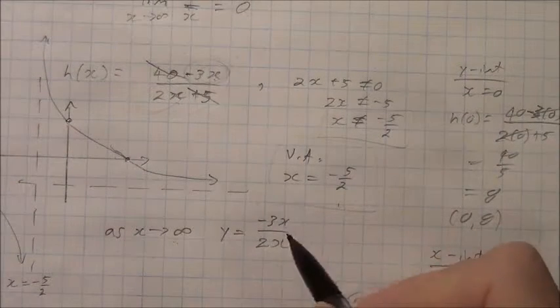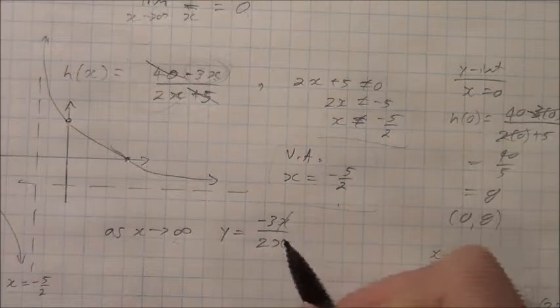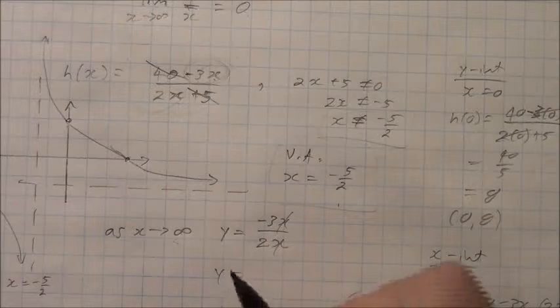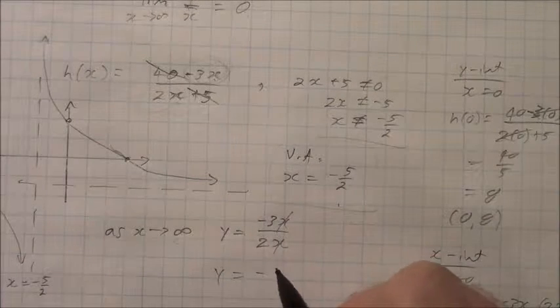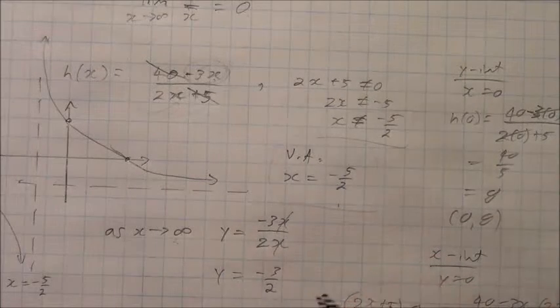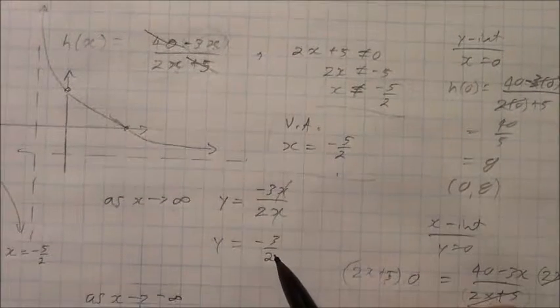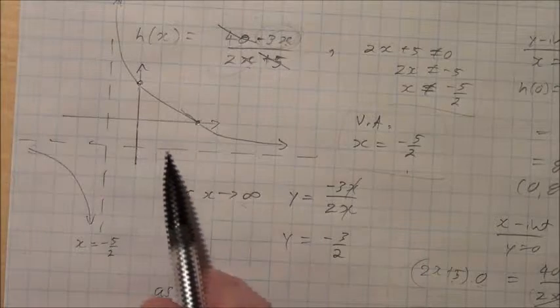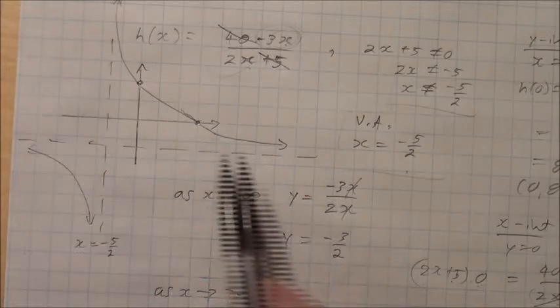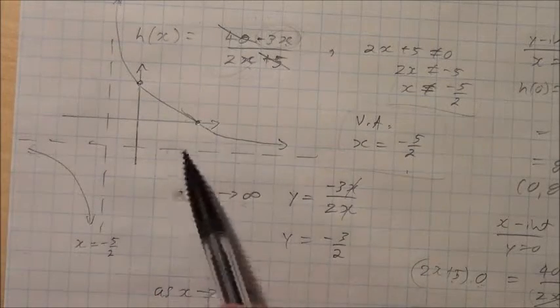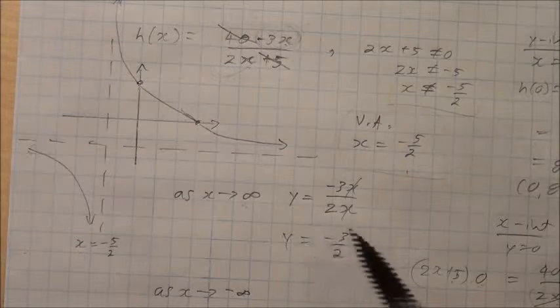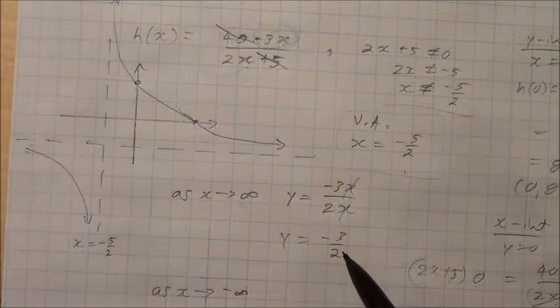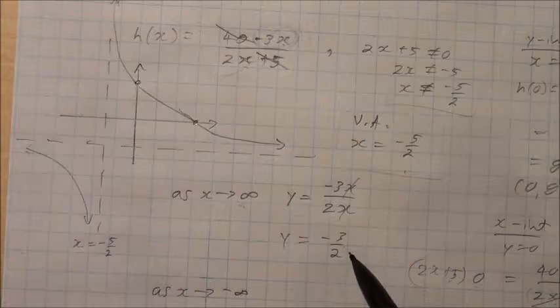Okay? And then we just simplify this, so the x's cancel out. So as x approaches infinity, y approaches -3/2. And as I've already shown here, this horizontal asymptote that I roughed in is below the x-axis, so it stands to reason that the horizontal asymptote is y equals -3/2.